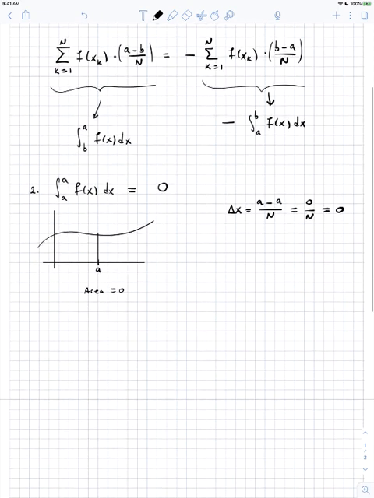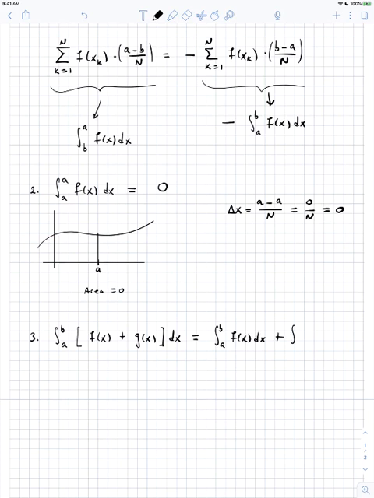What's our third property? Our third property is what we call linearity, or at least one of the linearity properties. The integral from a to b of the sum f of x plus g of x dx is equal to the integral from a to b of f of x plus the integral from a to b of g of x.